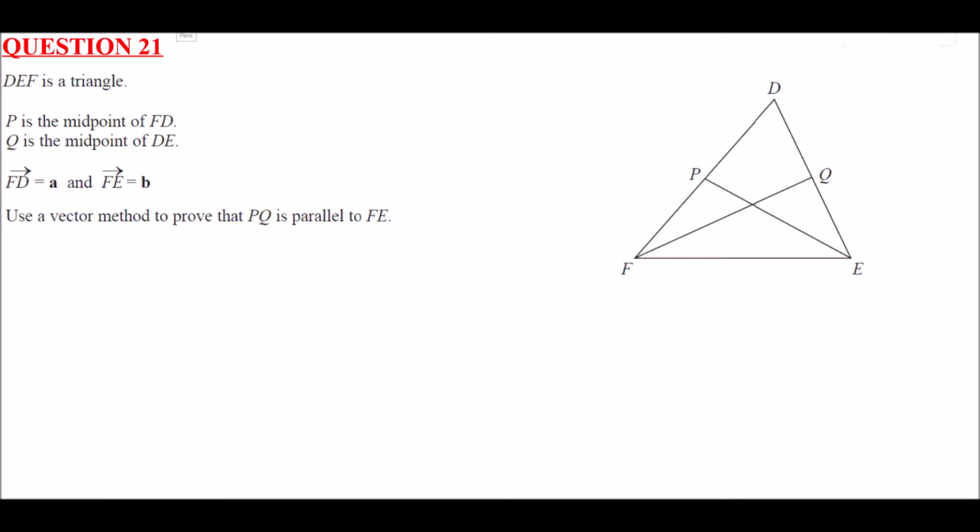Well, we need to know and remember that if two vectors are parallel, then one vector is a multiple of the other. So just write this down. You don't need to write this down to the examiner, this is just for me to remind you. If two vectors are parallel, then one of those vectors can be written as a multiple of the other.